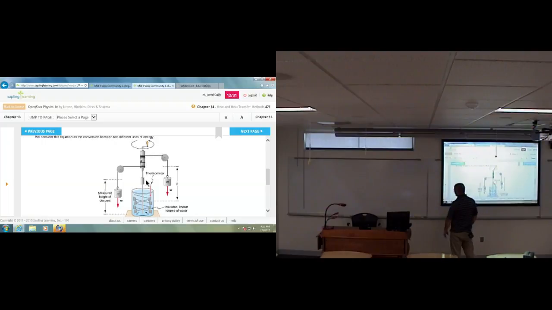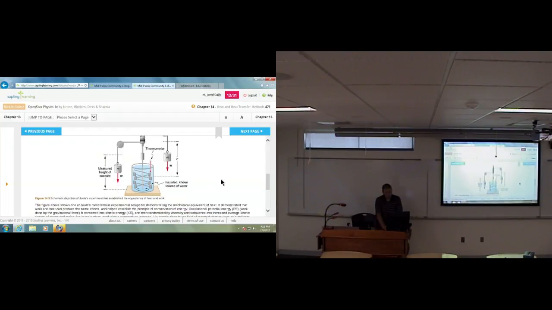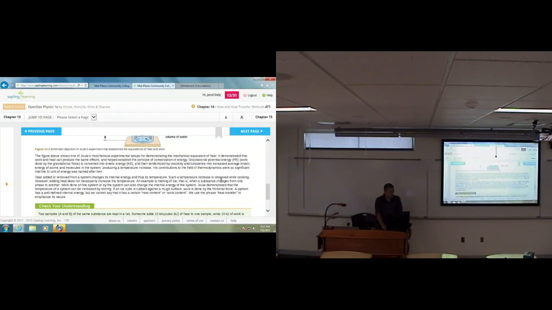The paddles inside the liquid transferred their kinetic energy into the liquid in the form of heat through friction and stirring and other things like this, and there was a change in temperature. That change in temperature was measurable. And if you're very careful and you keep everything isolated, you can actually show that there is an equivalence here, that there is a conservation of energy going on, which is nice. So anyway, that was Joule's famous experiment.